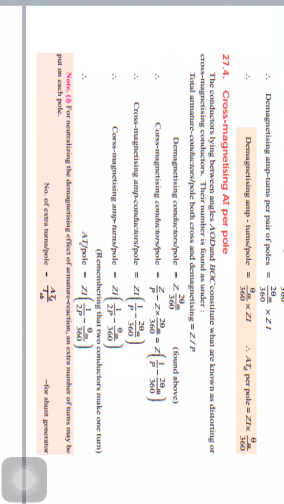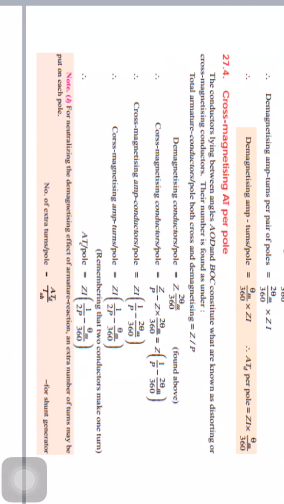Next one, first let us see the total armature reaction ampere turns per pole. Two conductors make one turn, so Z by 2P into I we will get. And next, cross magnetizing conductors per pole is equal to Z by P minus Z into 2 theta m by 360. If we take the common term Z, that is 1 by P minus 2 theta m by 360. Next, cross magnetizing ampere conductors per pole, simply multiply with current.